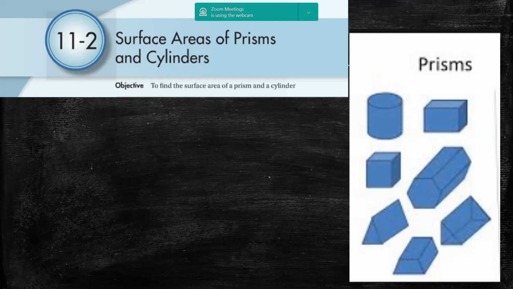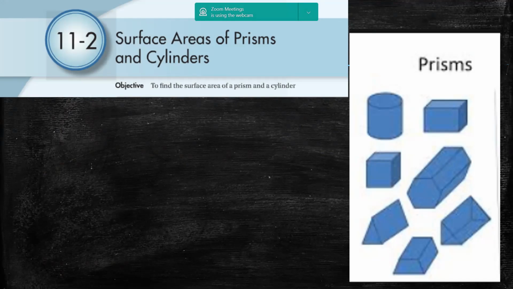So volume and surface area are related to three-dimensional shapes, and area or perimeter to two-dimensional shapes. The three-dimensional shapes have length, width, and height. That's why we call them three-dimensional shapes.